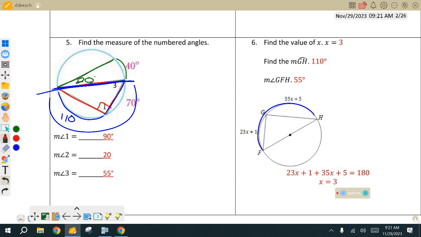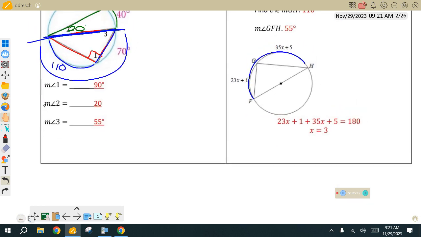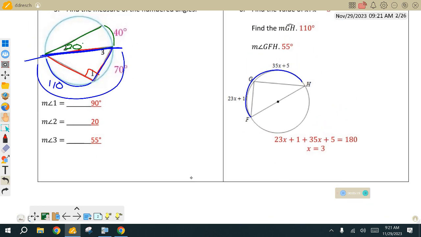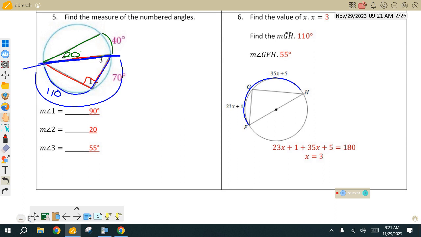Very similar to the last one, with that 70 and that 110 making 180. Same idea is happening there. So again, focus on those diameters creating semicircles, and that's the equation I've got going right there. You should be able to solve that equation.